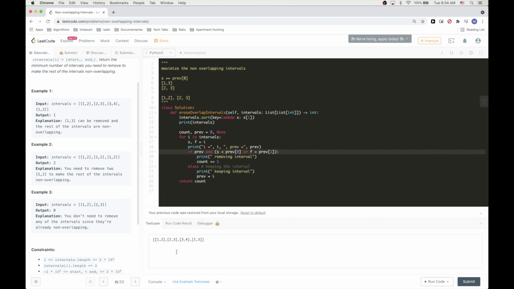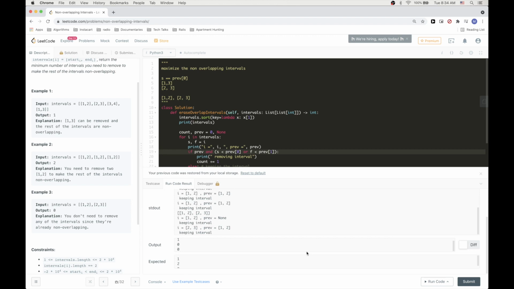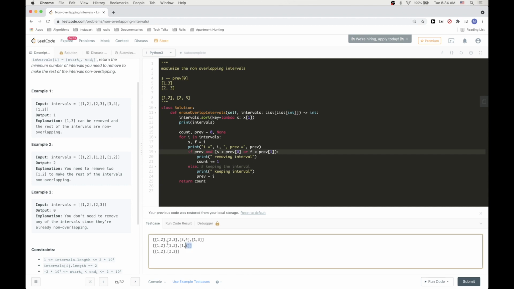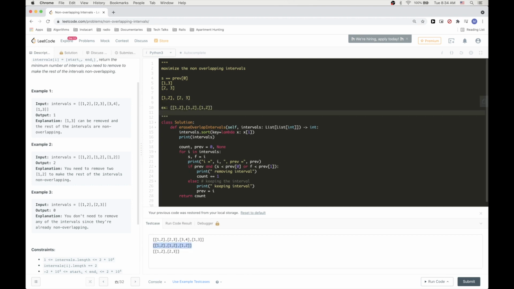Okay, the second example seems not to be working, because the intervals are the same. Normally for that one we should output 2, we need to remove 2 because they are equal.